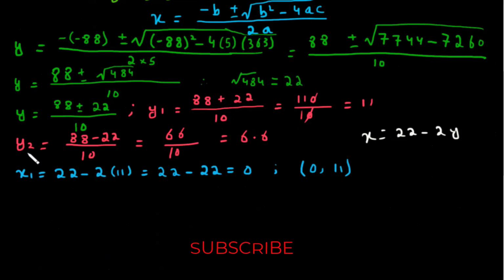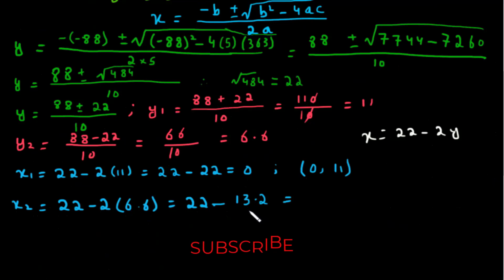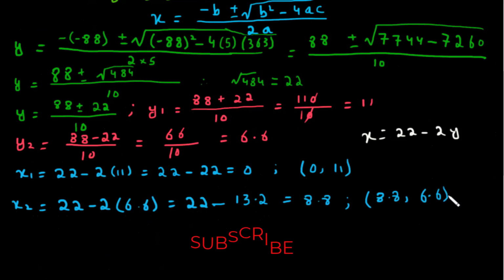Now for y sub 2, I will get x sub 2 correspondingly, that is 22 minus 2 times 6.6. When 2 is multiplied by 6.6, we get 13.2, and when 13.2 is subtracted from 22, we get 8.8. So this leaves us with x equal to 8.8 and y equal to 6.6. In this way we got two pairs of values of x and y.